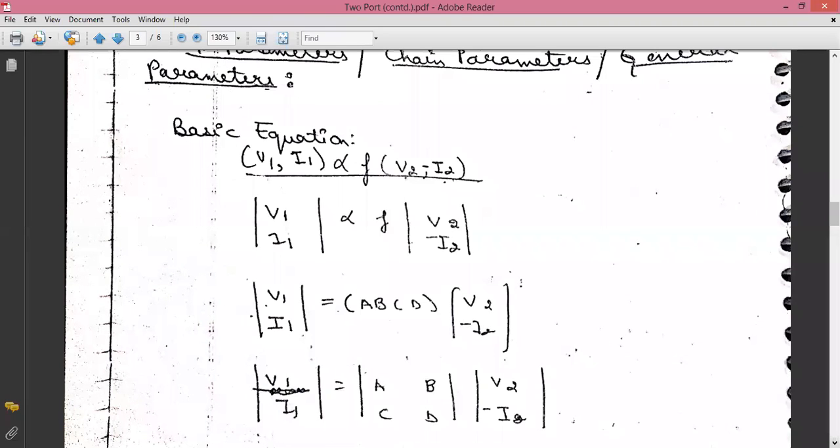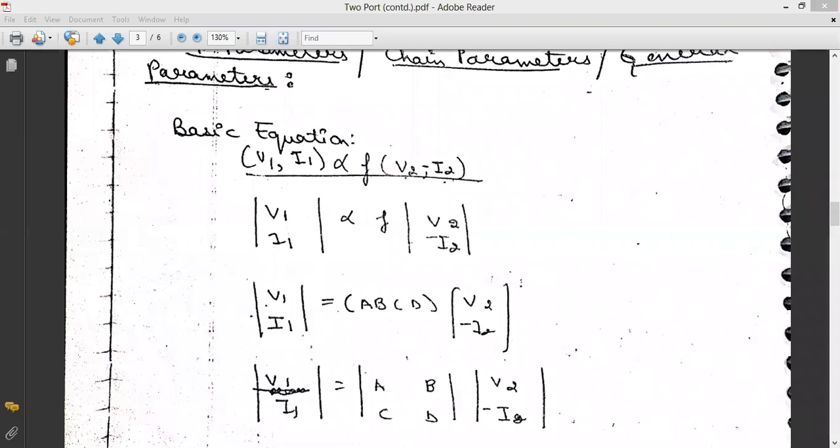Now next what we have to do, we have to equate this equation. So you tell me, just a minute, who will tell me what is the basic equation? पूर्वी, you tell me, क्या इक्वेशन बनेगी जब आप इसको खोलोगे? जैसे Z की इक्वेशन बनती थी, Y की इक्वेशन बनती थी, ABCD की इक्वेशन क्या बनेगी जब आप इस मैट्रिक्स को खोलेंगे? बताइए पूर्वी.